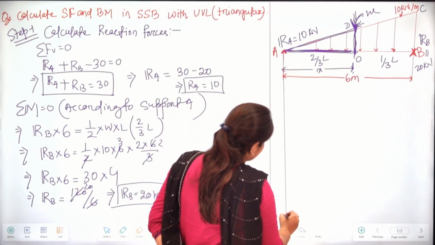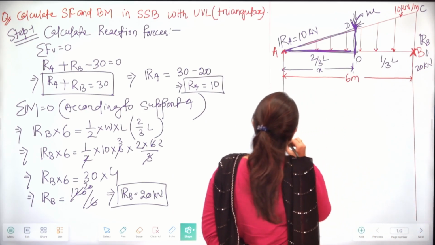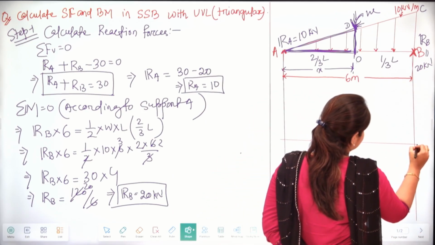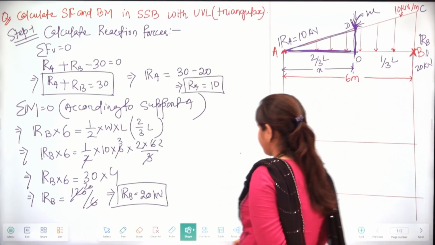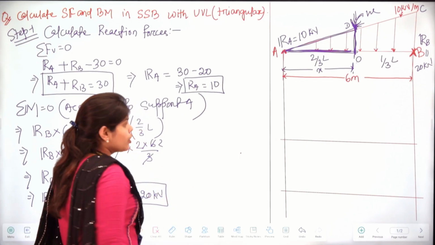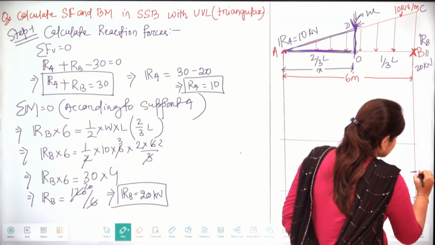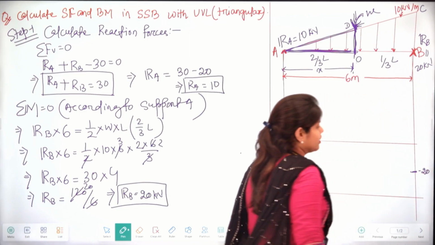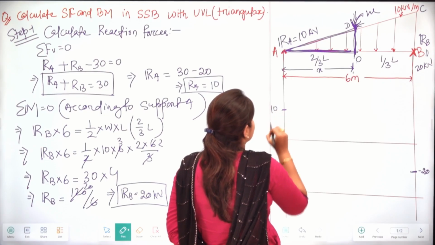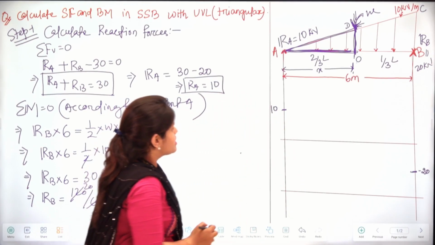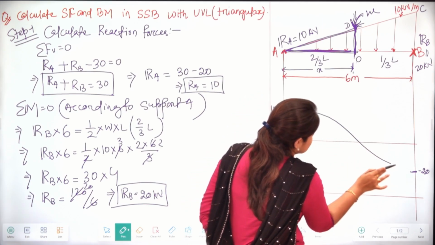Let's draw the shear force diagram. The shear force at point B is minus 20 and at A it is 10. As it is a UVL, our drawing will be curved like this.